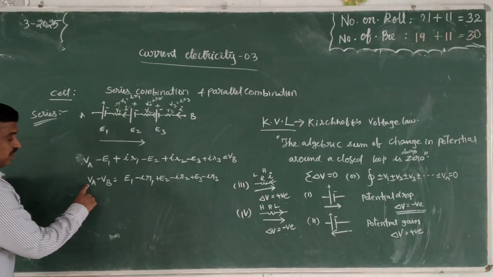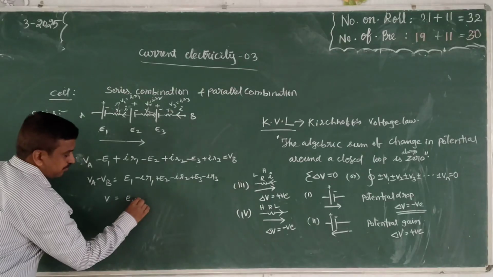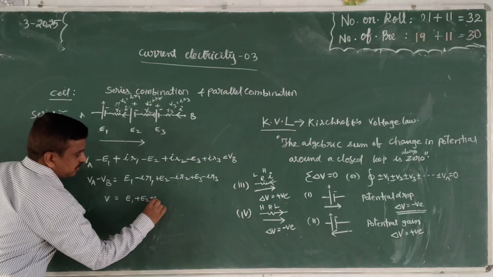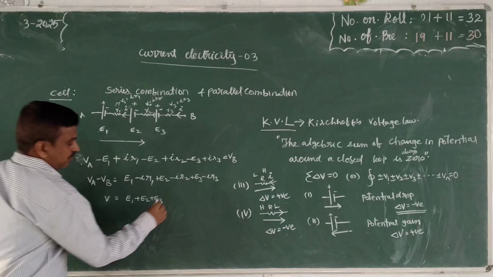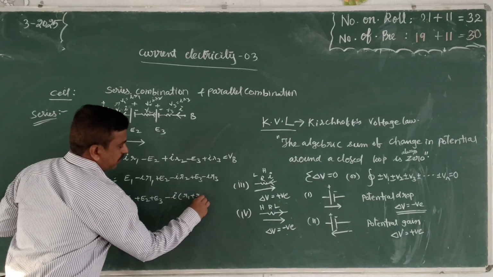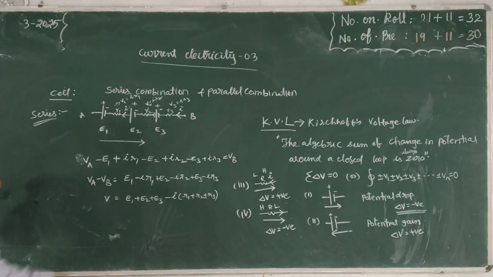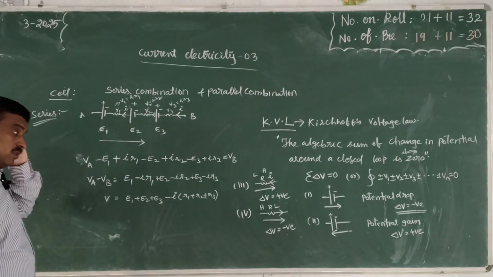We can write VA minus VB as V, equal to E1 plus E2 plus E3 minus I common, R1 plus R2 plus R3. So the change in potential equals E1 plus E2 plus E3 minus I into R1 plus R2 plus R3.